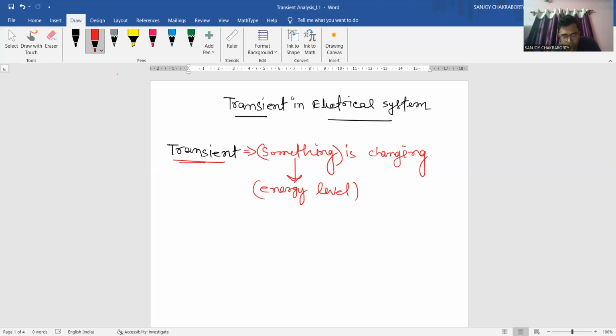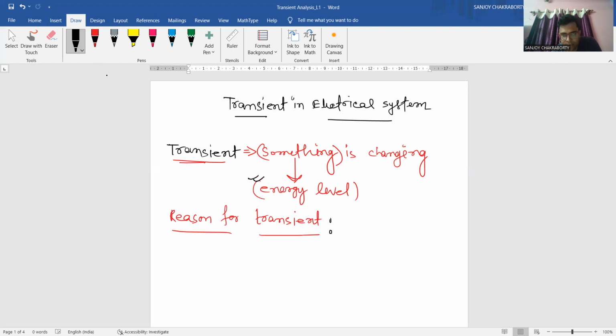Next is why these transients occur, the reason for transient. As I have already mentioned, transient means something is changing.